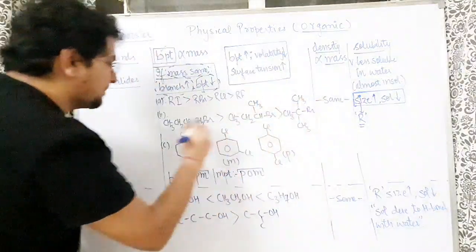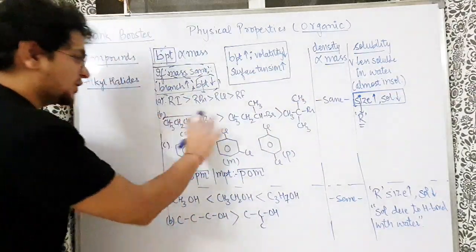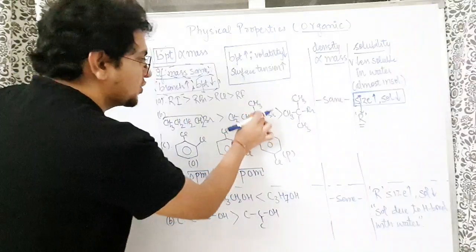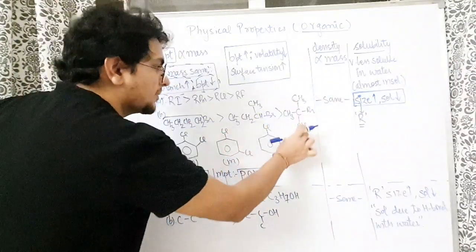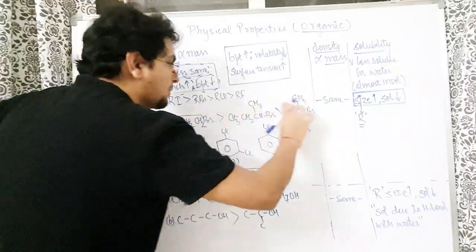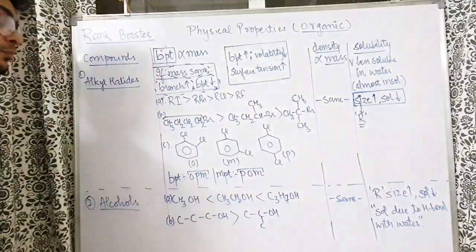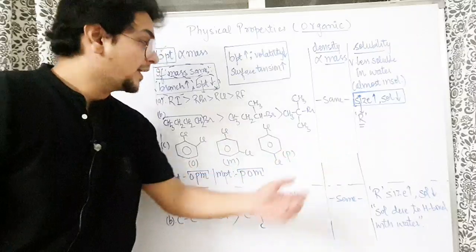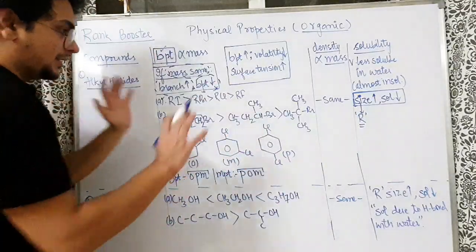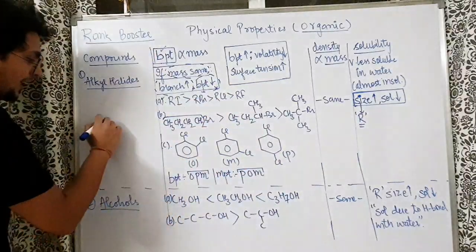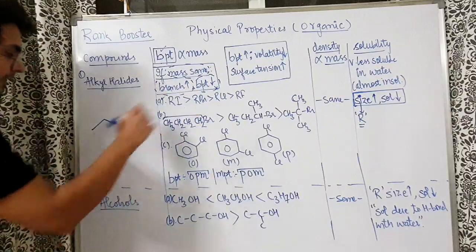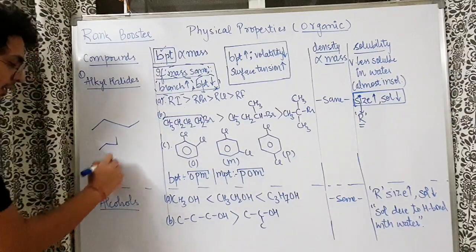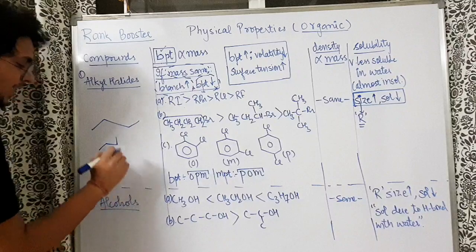You can see this example. This is unbranched, straight chain. Here 1 branching came. Here 2 branching came. So more branching is there, so the boiling point will be lesser. Why? Reason is very simple. If a straight chain like this is there, in the second case 1 branching has come, in the third case more branching has come.